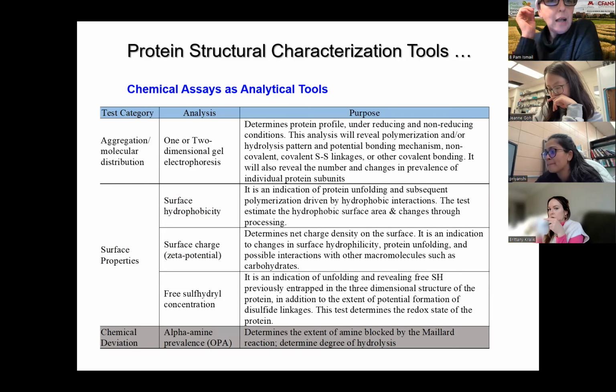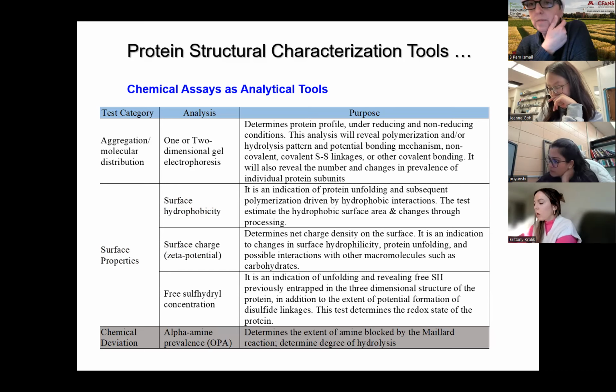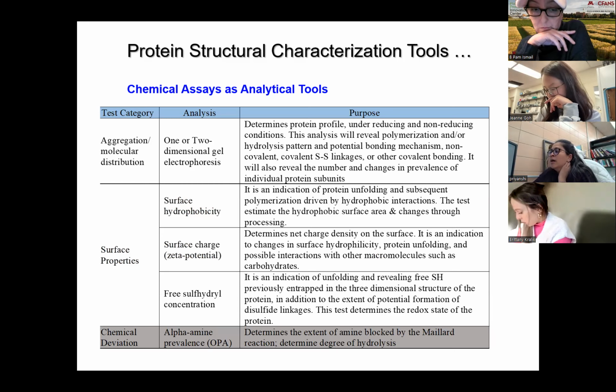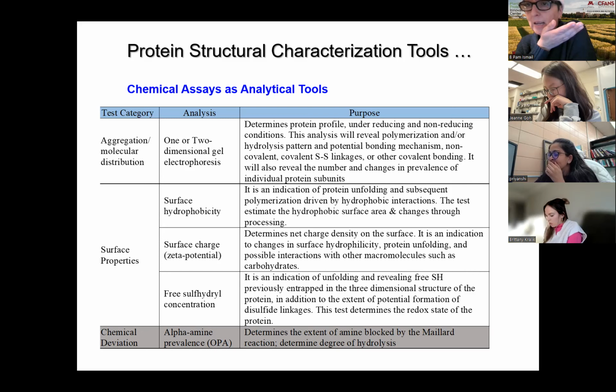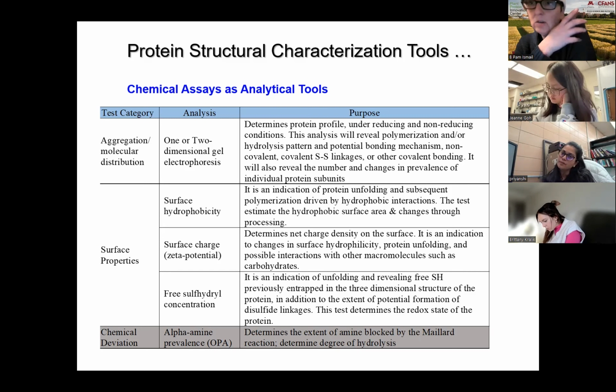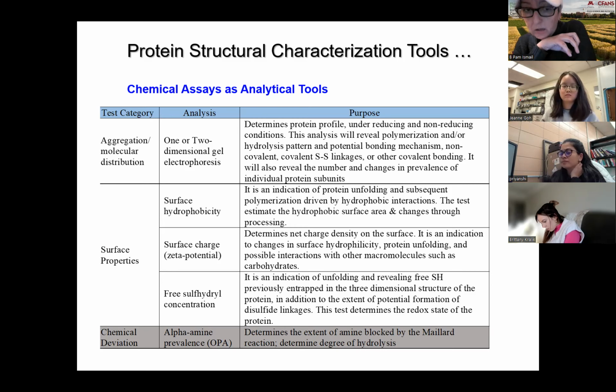Okay. The last one here, we talked about it with the amine interactions, and this is measuring the free amine. You can measure the free amine if you are hydrolyzing your protein and you want to determine degree of hydrolysis, or if you are looking at loss of lysine due to the Maillard reaction, then you can also measure the free amine to see if it got reduced, and that's because it got blocked.